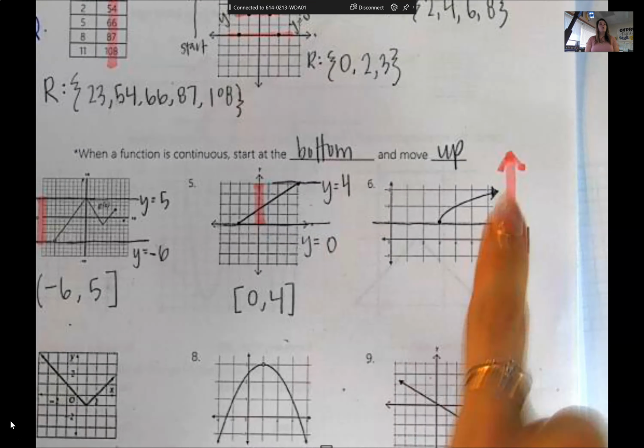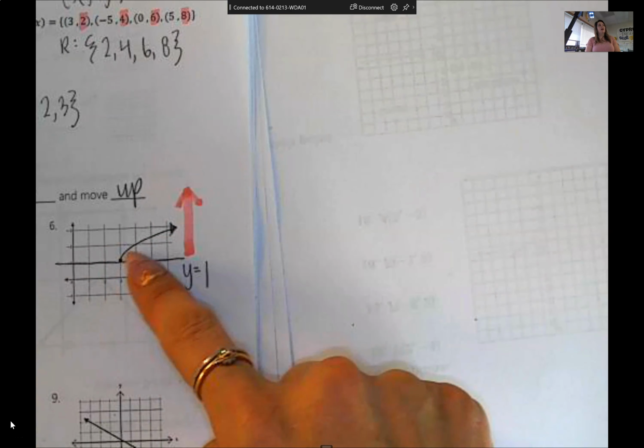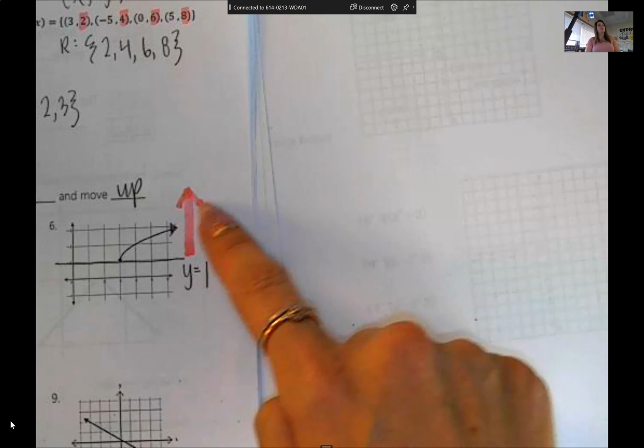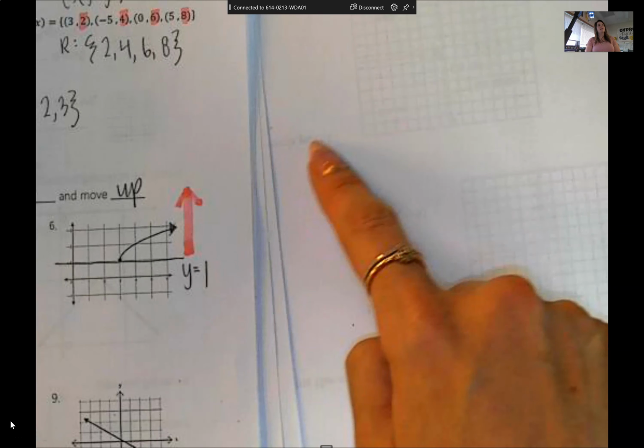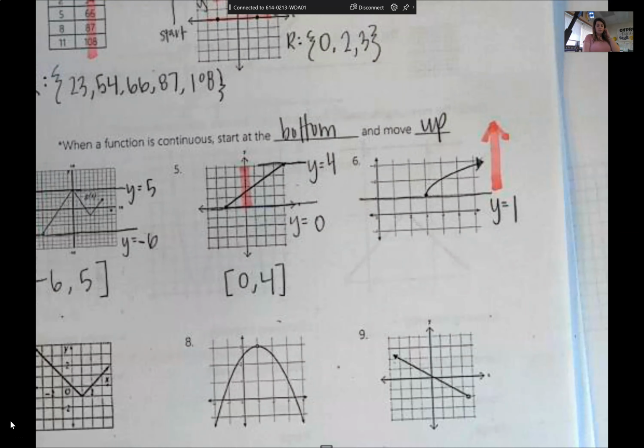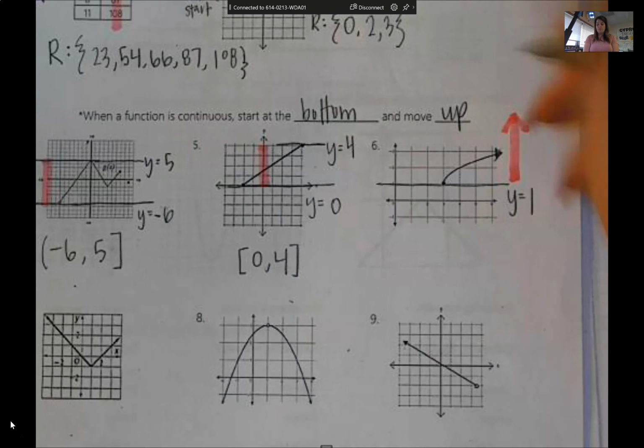So even though it looks like that arrow is pointing toward the right, what's going to happen as I move with the graph is that that firework is going to get higher and higher, and there's no limit to how high it can go. So it's going to infinity.